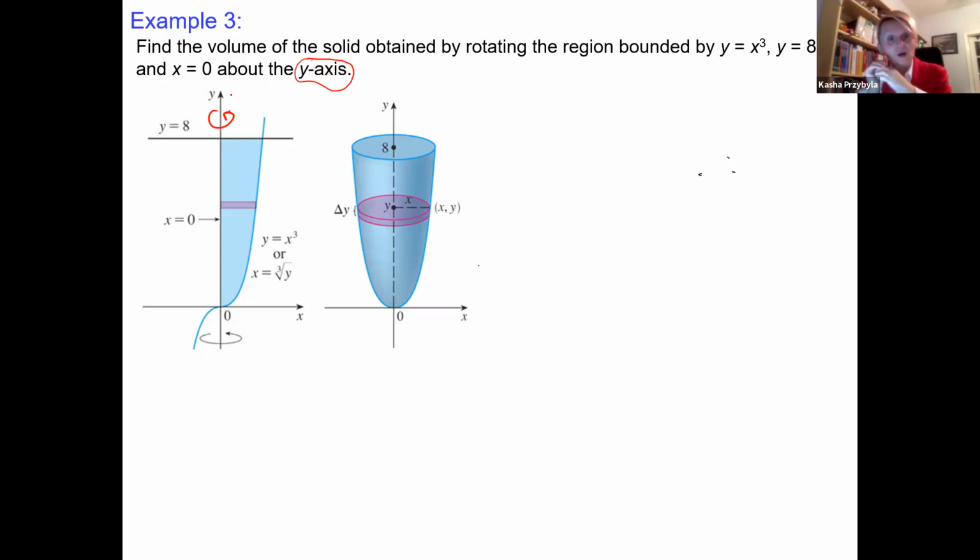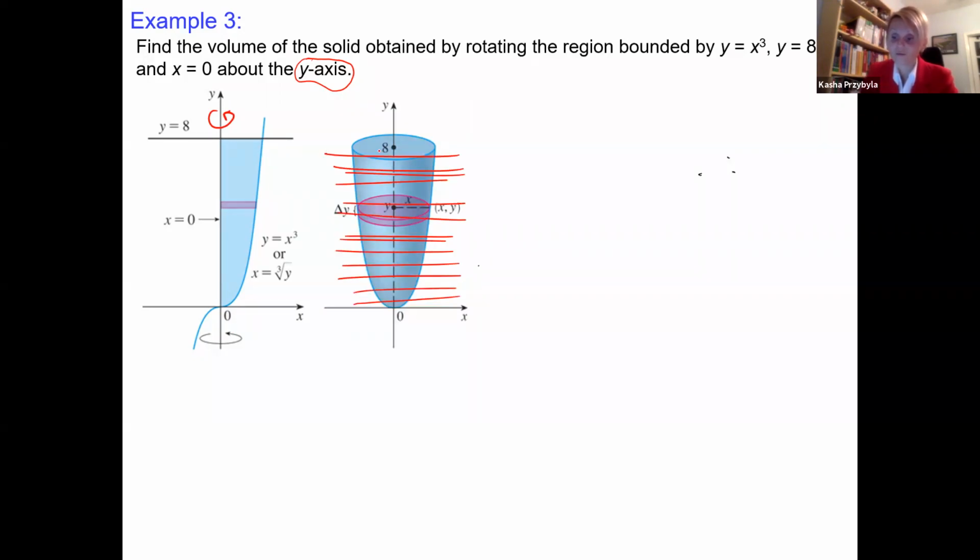Now I will ask you first: will we integrate in terms of x or in terms of y? In terms of y, because we have this solid and need one slice, so I will start slicing this way.